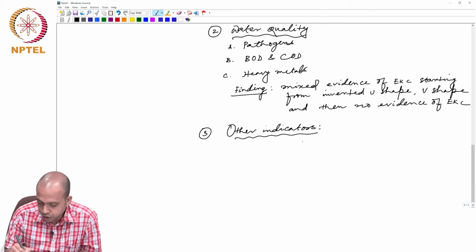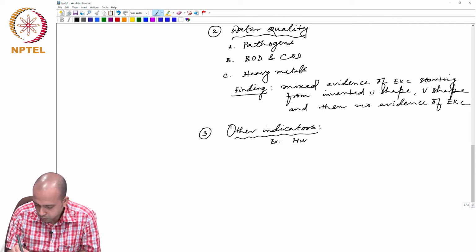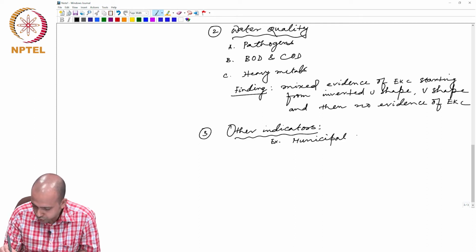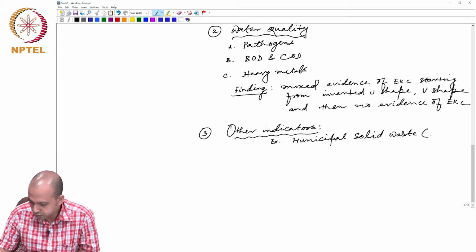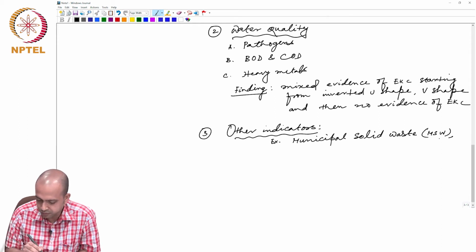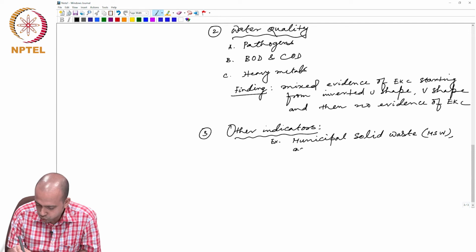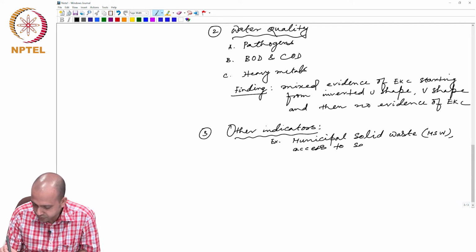For example, municipal solid waste, in short it is called MSW, then access to safe drinking water.